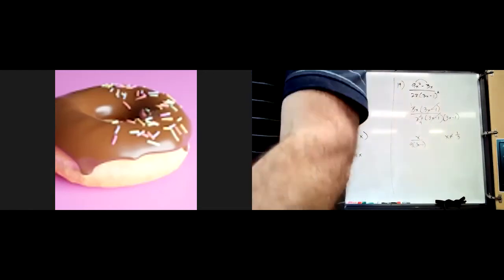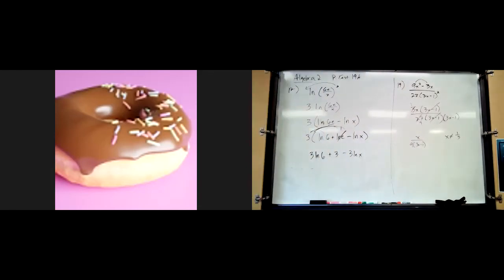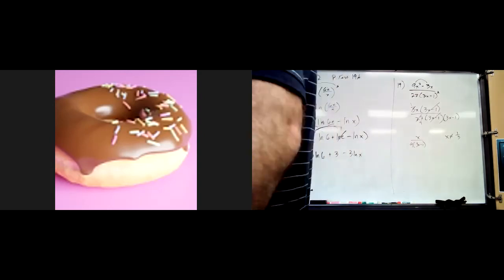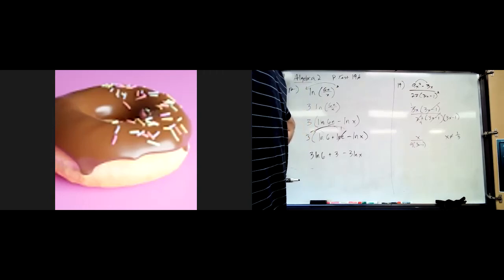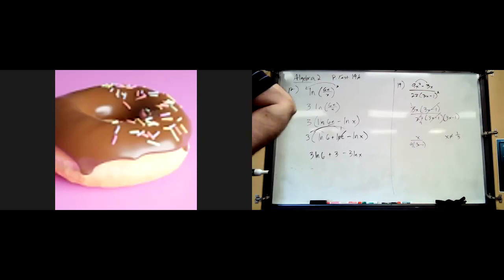You could use synthetic division, or you could plug 3 into that and see if you get 0. 3 to the 5th is 243 minus 4 times 81, which is 324. You could do all that out, or you could just use synthetic division. I'm going to use synthetic division just because I can.